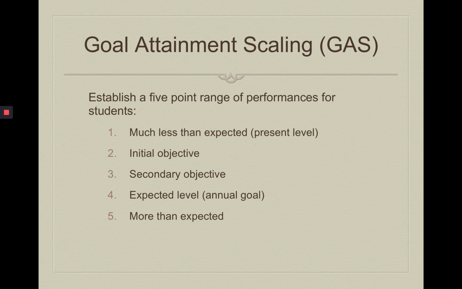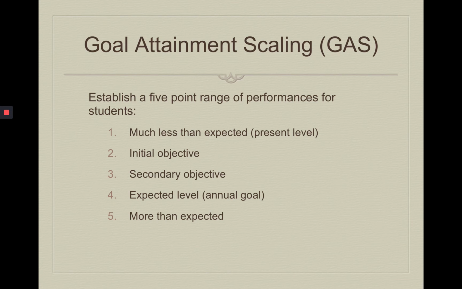With goal attainment scaling, you consider different ranges of performance that the student might go through as they're working towards meeting that final criteria that you've established in your IEP objective. When our students start, usually they're at level 1.